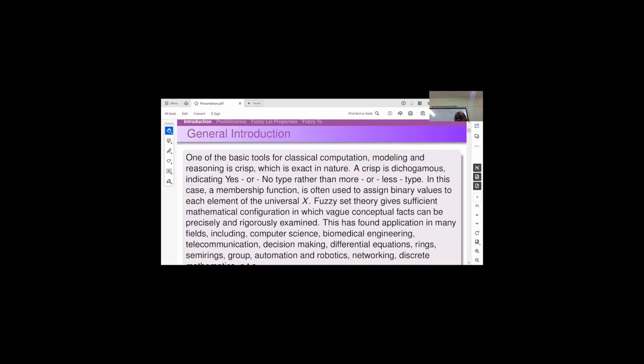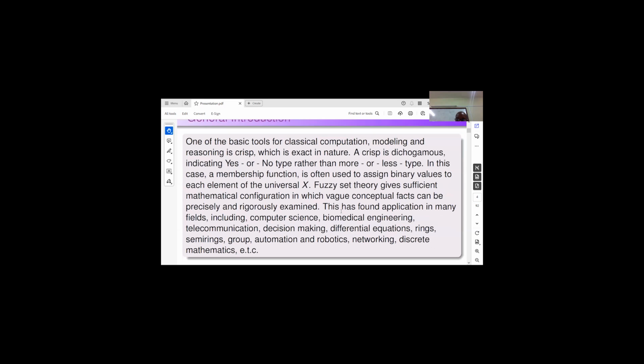Now, the concept of fuzzy sets and their properties cannot be overemphasized. They have generalized the classical sets, and so they have wide applications in engineering, in biomedics, in decision-making, differential equations, networking. In fact, name it, there are so many in mathematics.